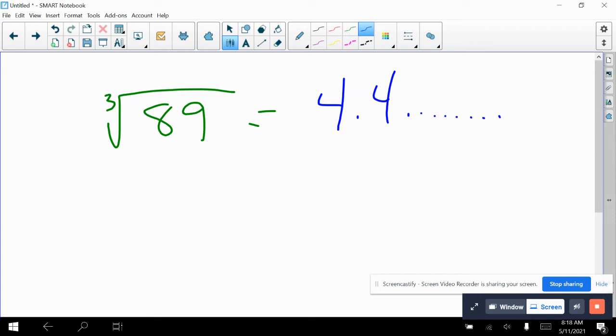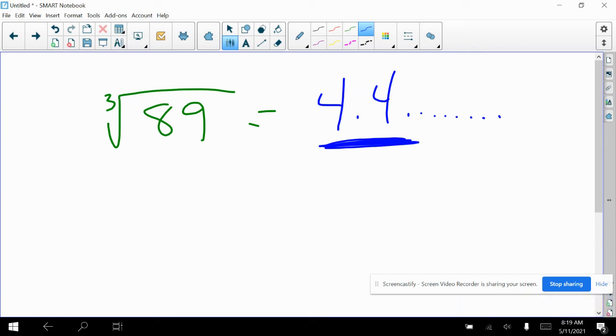You're going to have to find the cube root of what two whole numbers if you want this to fall in between? That's the question. Grayson? 4 and 5, right. Correct.